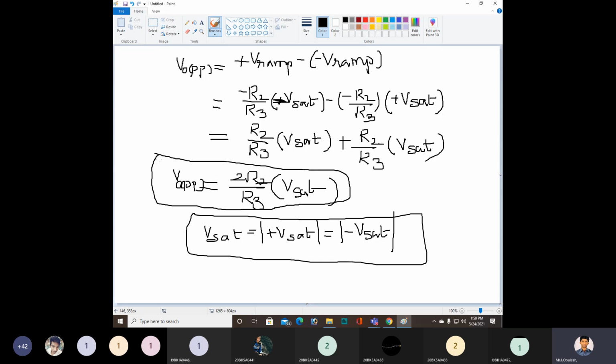Then you need to find out the amplitude of the triangular wave. The value will decrease with an increment in the time taken for the output to switch from minus VRAM to positive VRAM.